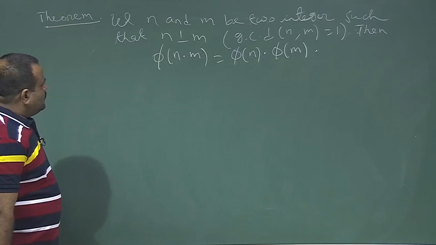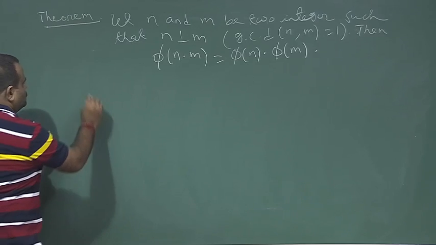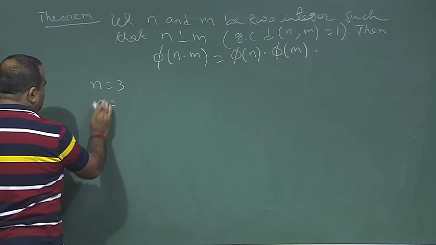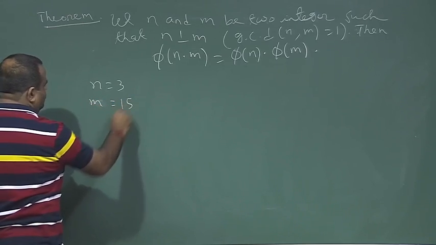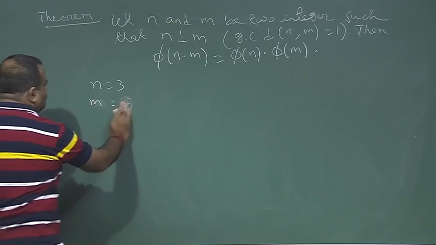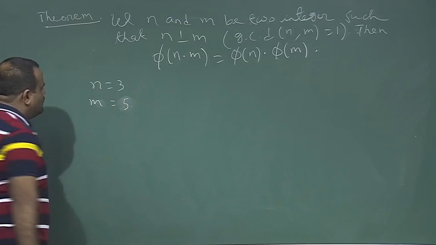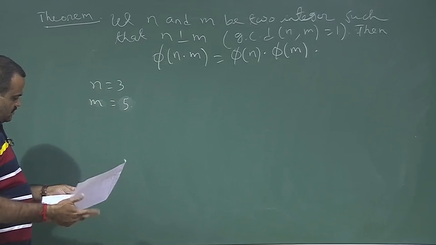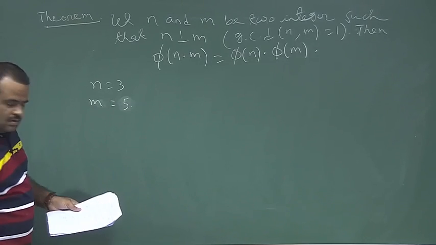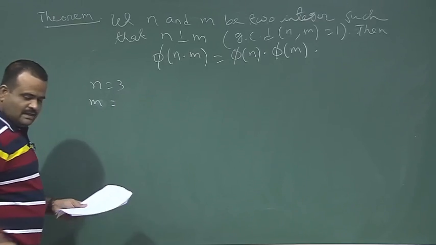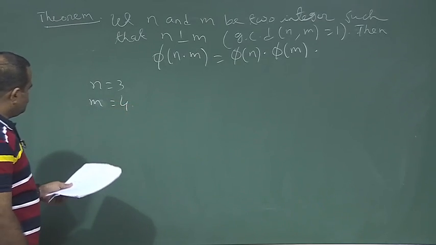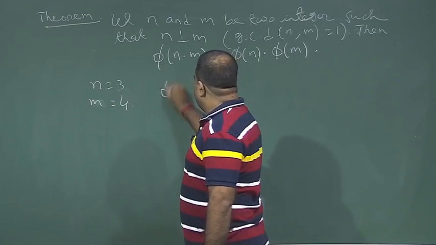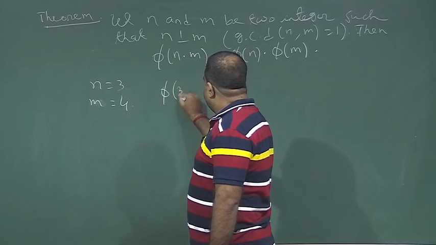Before proving this theorem, let us take an example. Suppose n is equal to 3 and m is equal to 4. Then we want to find phi of 3 into 4.